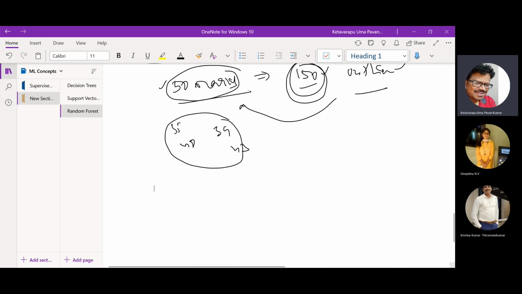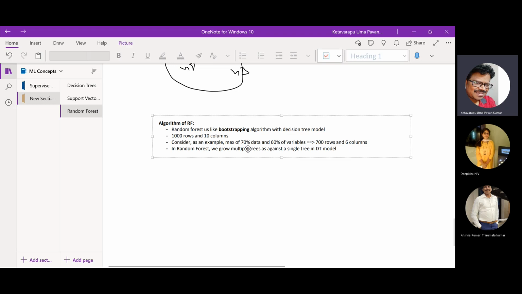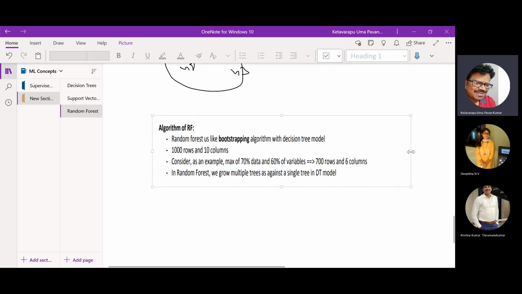Along with the advantages, the main important thing is understanding the concept behind random forest, because in our earlier sessions we focused on the mathematical model and how to handle it.